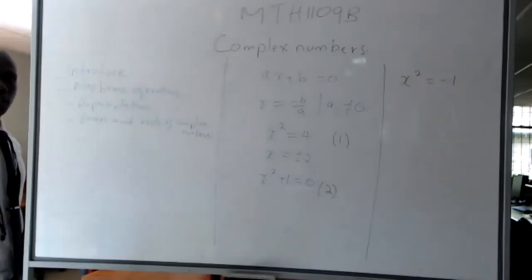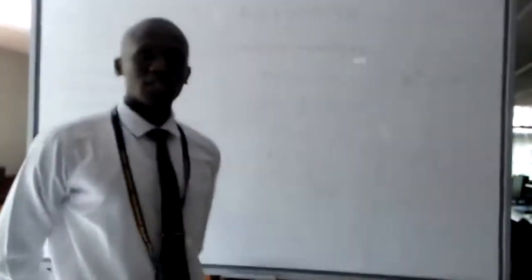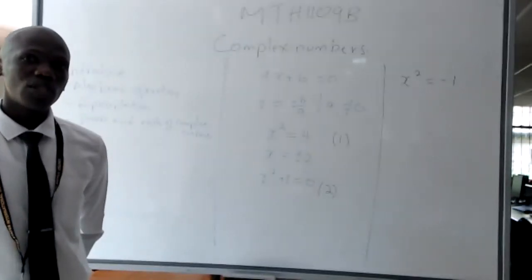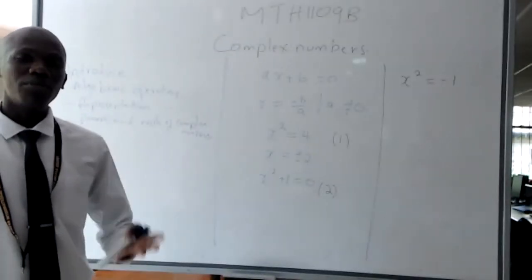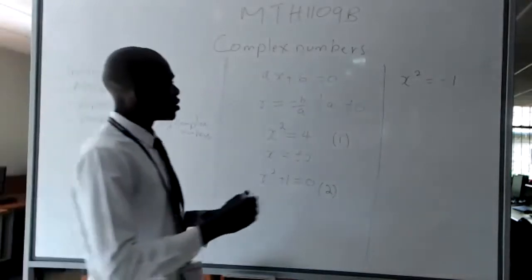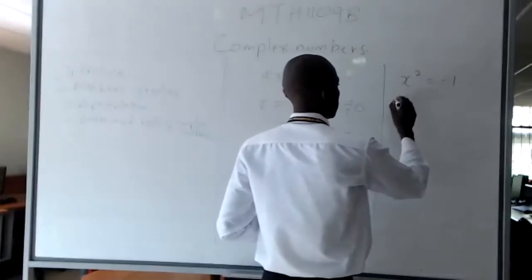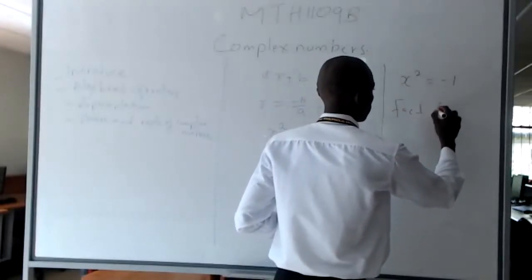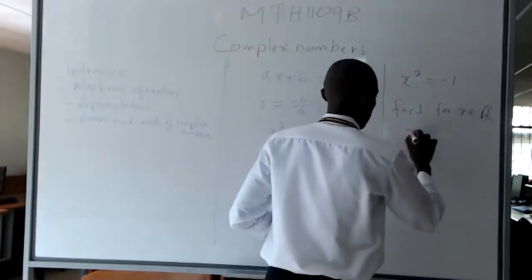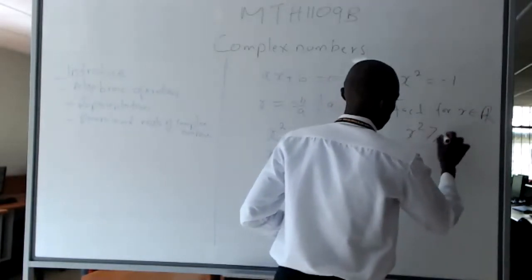When you are looking at the real number line as a vector space, I told you that if you take the square of any real number, be it positive or negative, you will always get a positive number. So we know that for all x in the real line, x squared must be greater than or equal to 0.